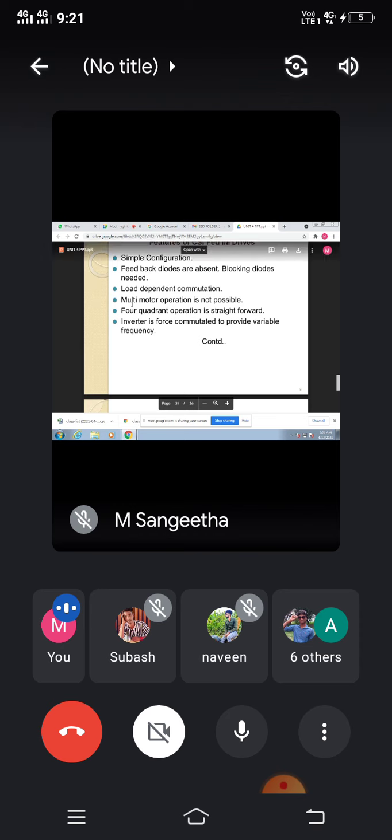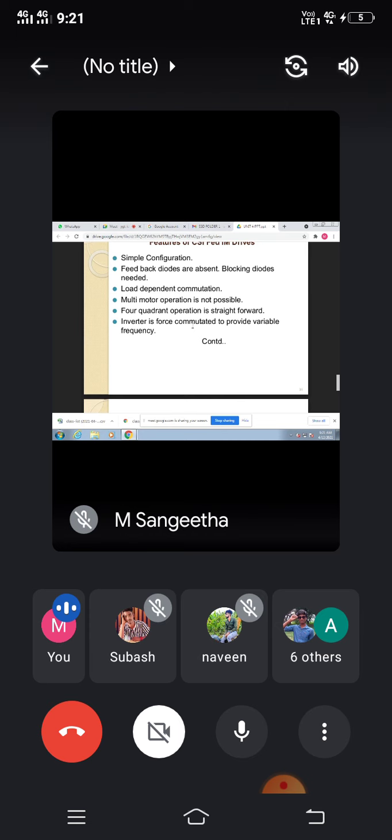Already we have seen load dependent commutation, the same as the inverter's forced commutation. Commutation has two classifications: natural commutation and forced commutation. Natural commutation means that when the current reaches zero, the concerned circuit turns off automatically. Forced commutation uses a circuit having inductance and capacitor.